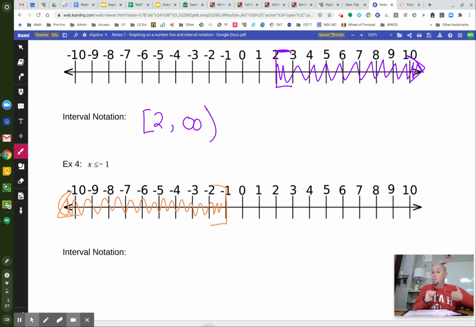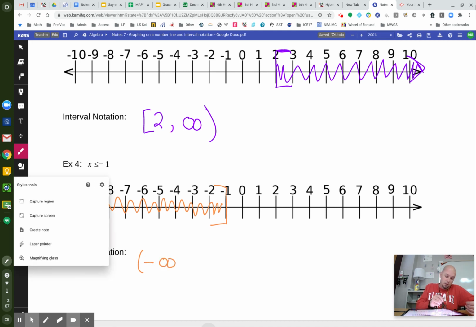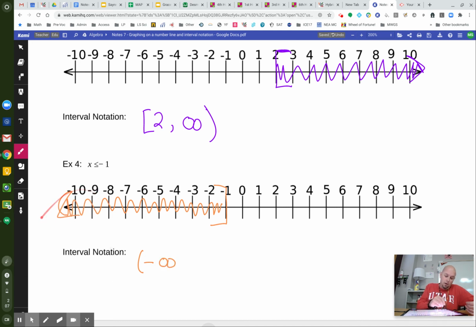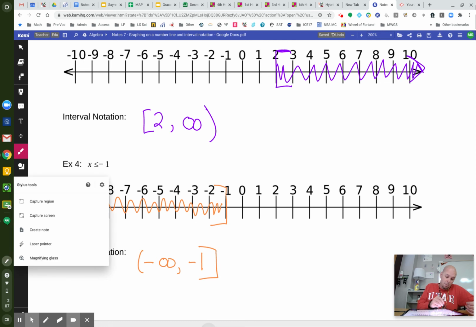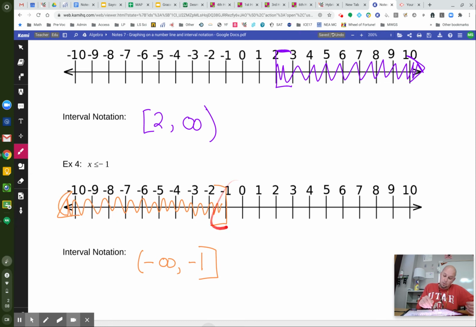So now again, when I do my interval notation, which is kind of like, where does this go from where to where, I'm going to do an open parenthesis, negative infinity because that's what's over here, comma, -1, and then I end with a bracket because there's a bracket on my graph. I'm just matching my graph and putting down where the answers for my question lie.